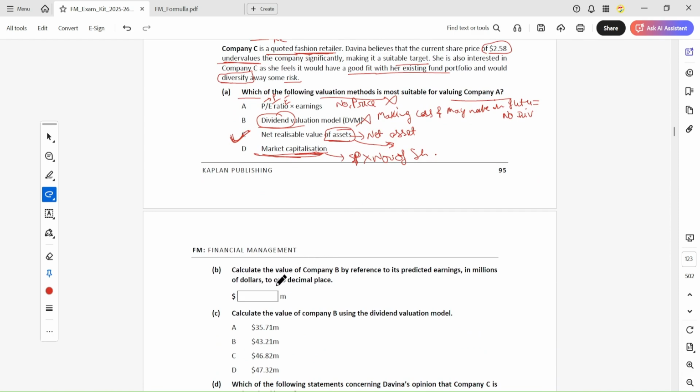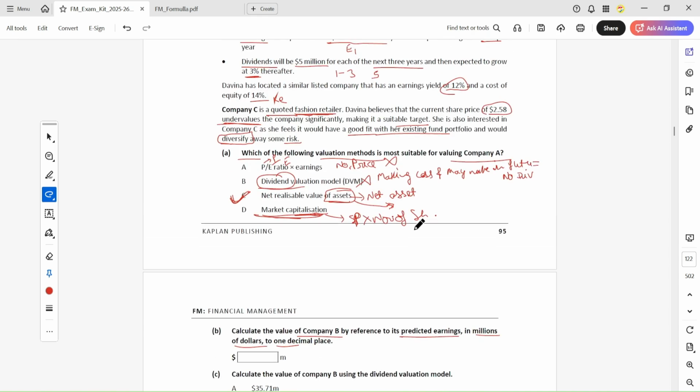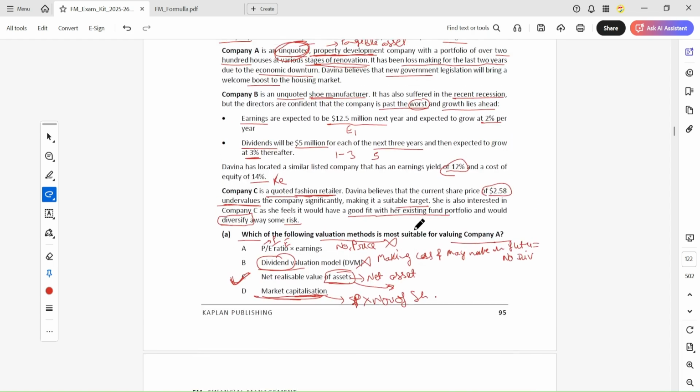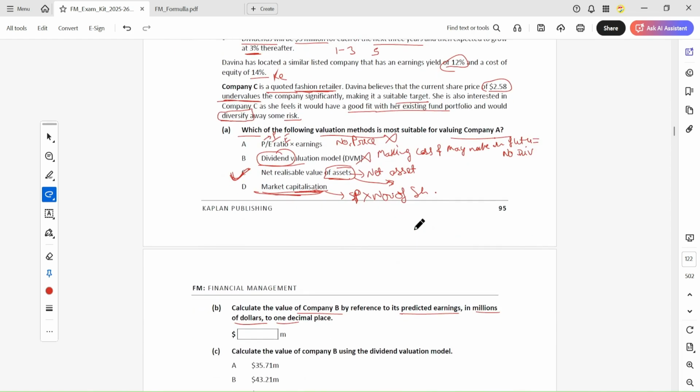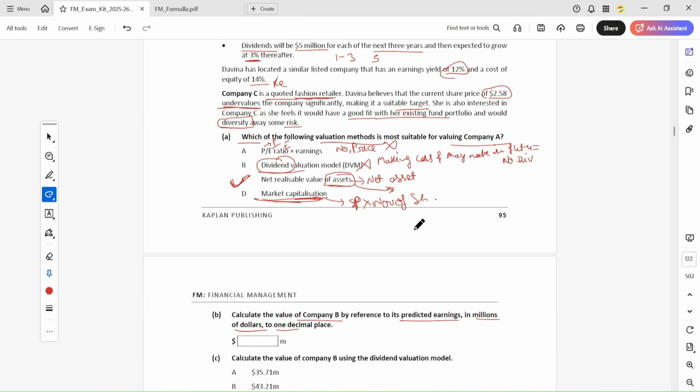Calculate the value of company B by reference to its predicted earning in million dollars, to one decimal. So you have to calculate the value of company B using the earnings.